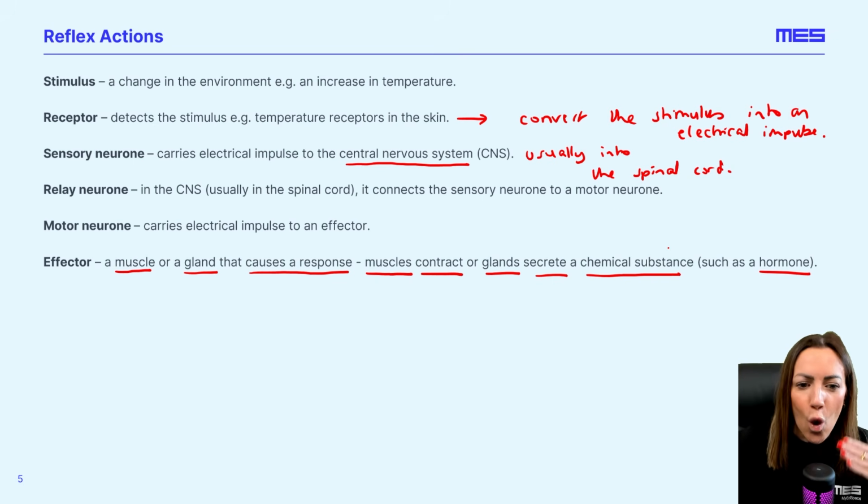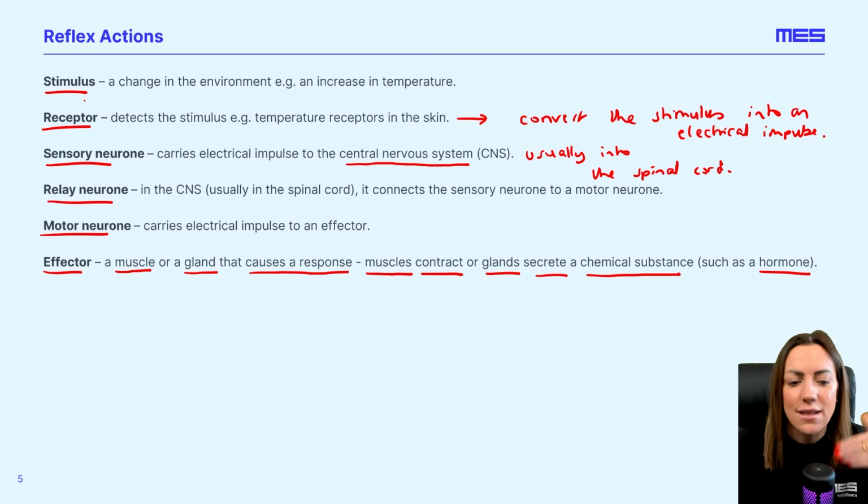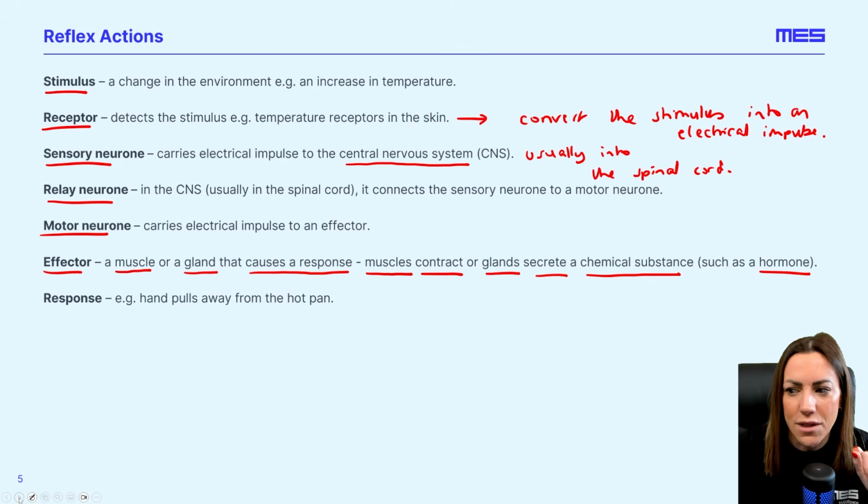So that's the order, and I suggest you memorize the order of structures in a reflex action. So your stimulus is the change in the environment detected by the receptor, electrical impulse down the sensory neuron, then the relay neuron, then the motor neuron to the effector, which will cause the response.